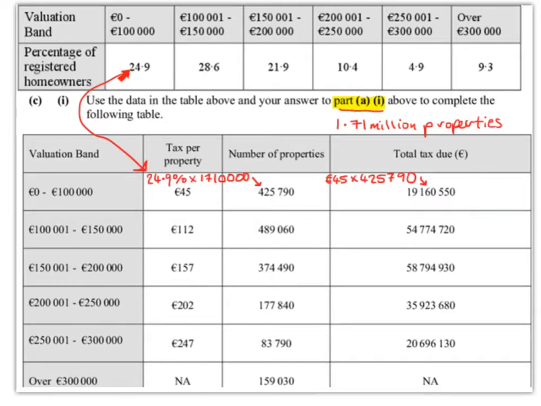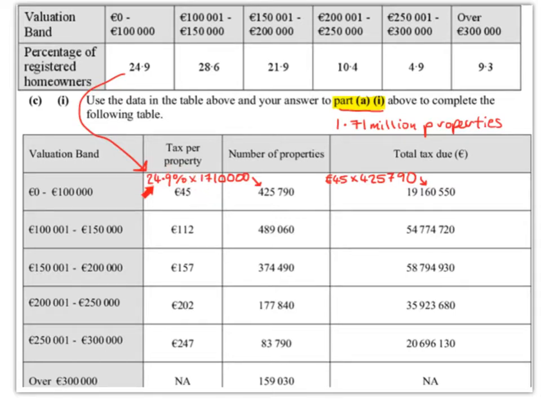So 24.9% is our percentage of registered homeowners in our valuation band from 0 to €100,000. So we're going to take that 24.9% and multiply it by 1.71 million. So we want the full number. So 1.71 million is actually 1,710,000.